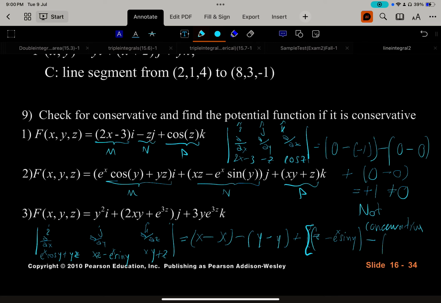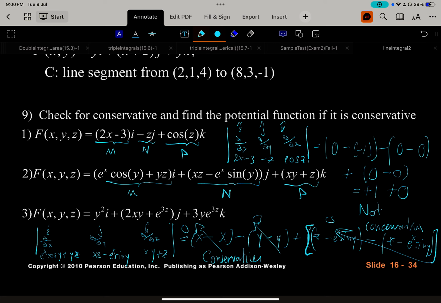With respect to y, we have z minus e to the x sine y, which is basically a conservative function. This is 0, this is 0, this is 0, so this is conservative. Okay, so it's conservative.